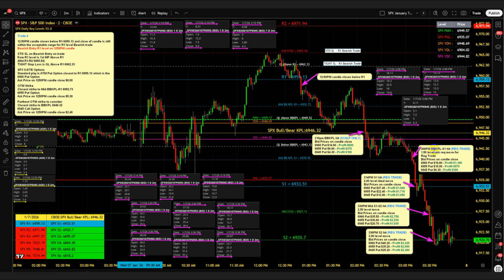Then at 3:08 p.m. we have the hit of the BBKPLS1 for the regular trade. This is the 1.5 level minimum required move for the regular trade. R1 to bull bear KPL is 1 level, and half a level below that is 1.5 levels.